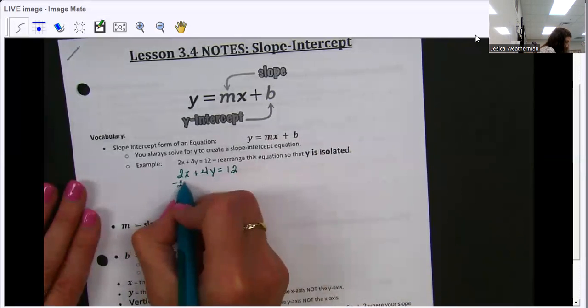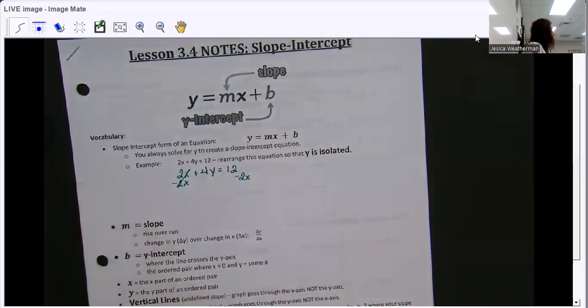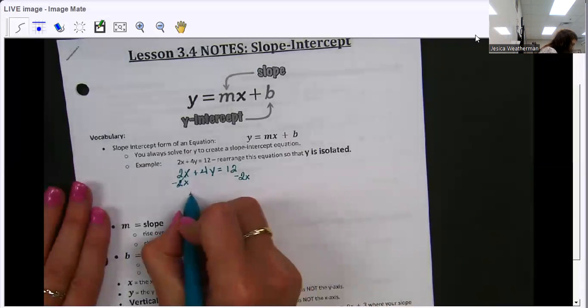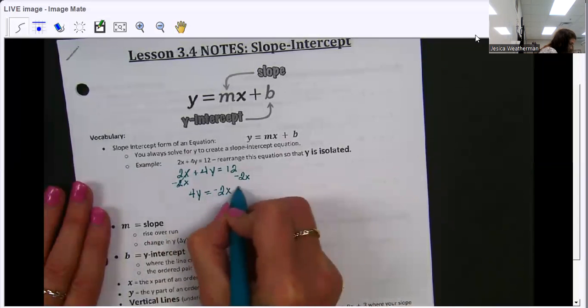So we're going to subtract 2x. Another common mistake that I see is that people will take 12 minus 2 and either make it 10 or 10x. But 12 and 2x are not like terms, so you cannot combine them. So we end up with 4y equals negative 2x plus 12.